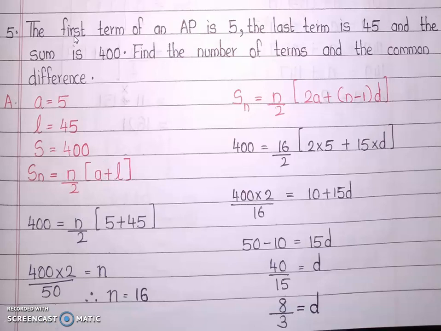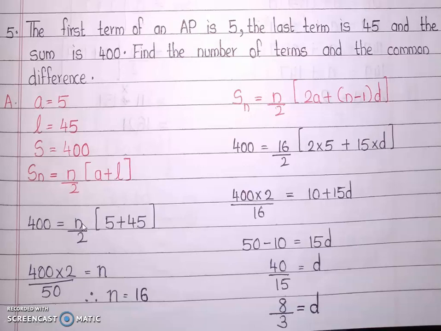Fifth question. The first term of an AP is 5. The last term is 45 and the sum is 400. So what is given? a, an, Sn. a is given as 5, an is given as 45 and Sn is given as 400.